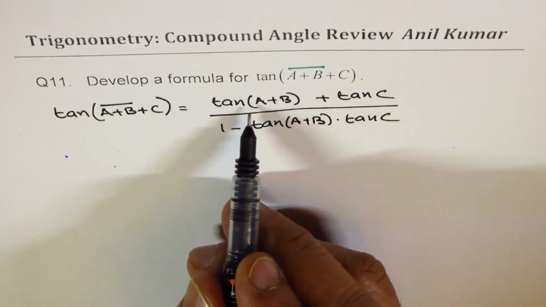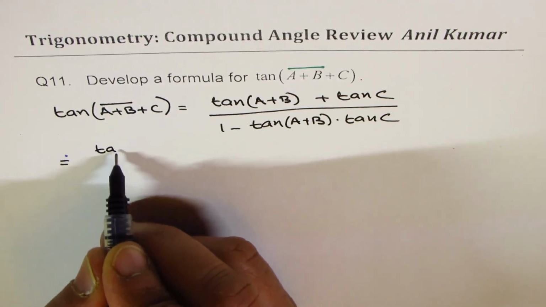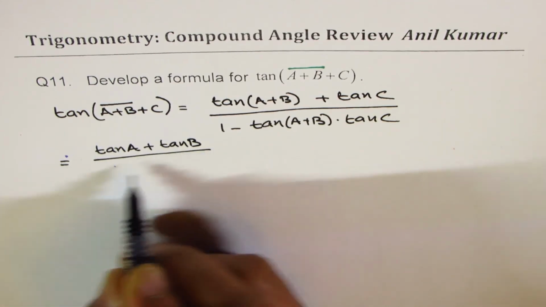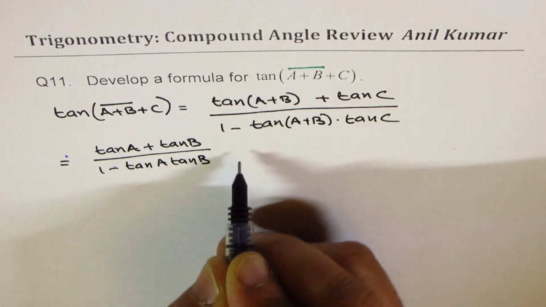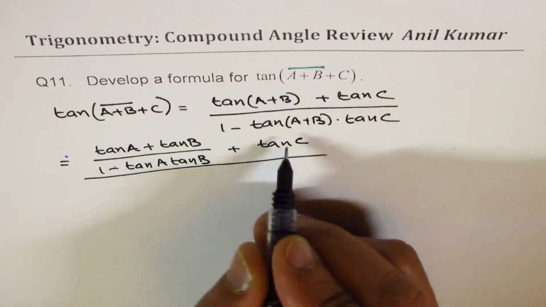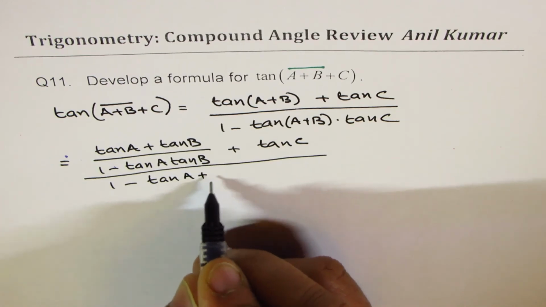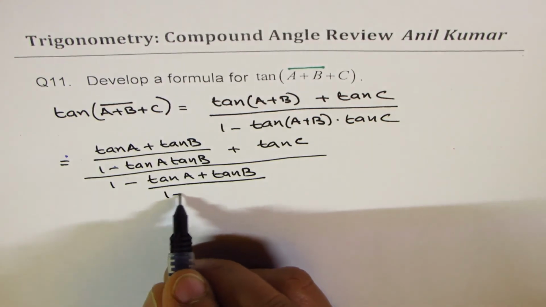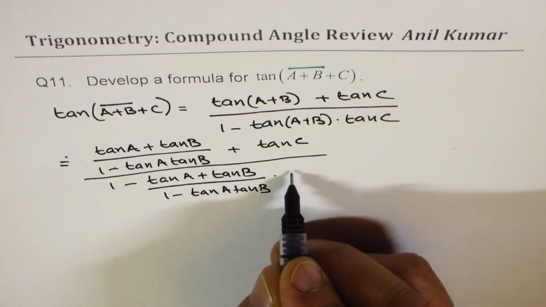Now we'll again apply the tan(A plus B) formula, and so we can write this as tan A plus tan B over 1 minus tan A tan B, plus tan C over 1 minus, so we'll expand this, tan A plus tan B over 1 minus tan A tan B times tan C.